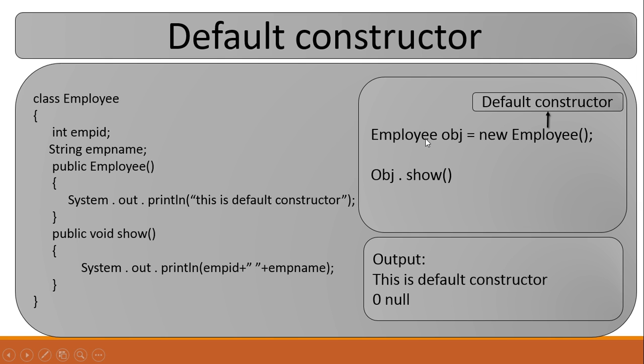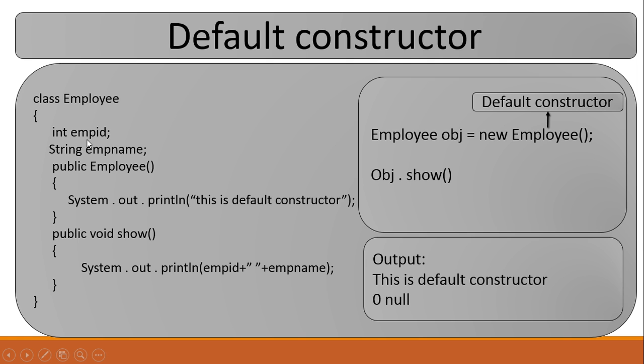Look here, I am creating the object of Employee, obj = new Employee. Here I am calling the default constructor, and the default constructor automatically assigns the default values to the object of Employee, and I call the show method with the help of the object and dot operator. The output is: first, "this is default constructor" is printed with the help of this statement, and then the show method is called. The show method prints emp id 0 and emp name null, which means the default constructor automatically initializes the default values to the data members of the class.